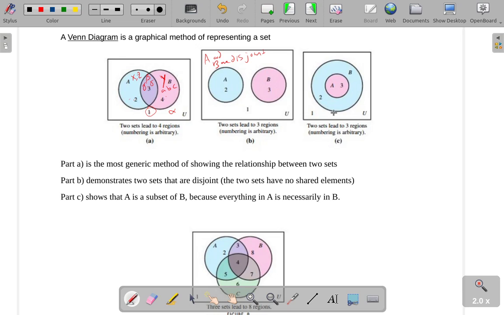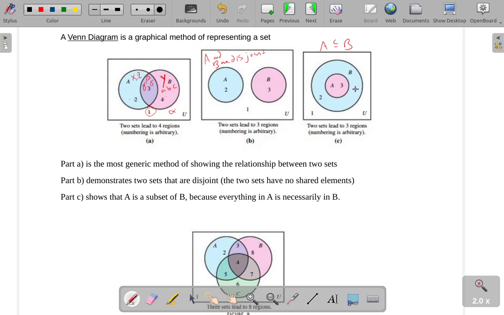In this example, it looks like A is entirely nested within B. And so this one implies that A is a subset of B. I'm saying a subset rather than a proper subset because there's no guarantee that there are any elements within this region 2.